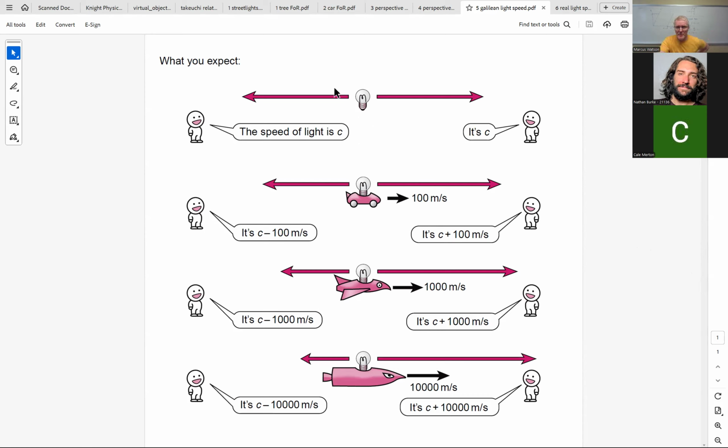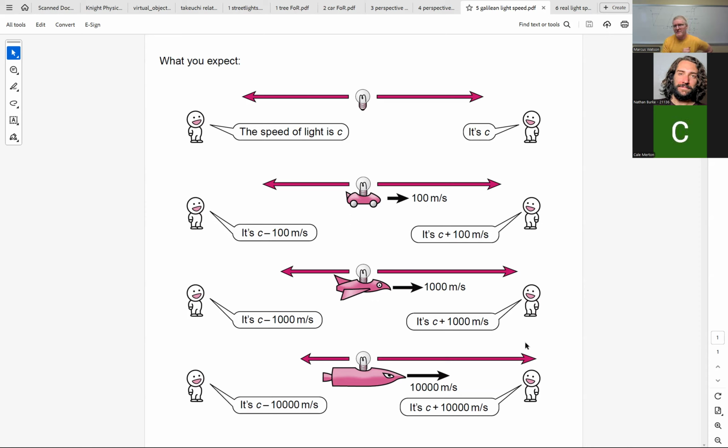Here's the light bulb at rest, so everyone says light speed is c. But here's the car moving with the light bulb in it, and now people say this is c plus 100 meters per second, because the car is moving 100 meters per second. c minus 100 meters per second. It's in the airplane now, c plus 1,000. Here it's in the rocket ship, c plus 10,000.